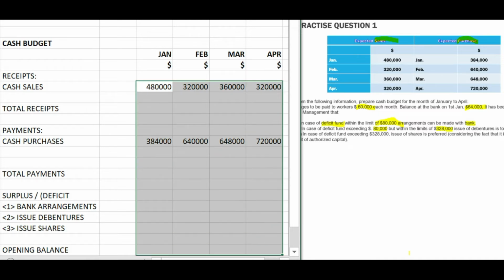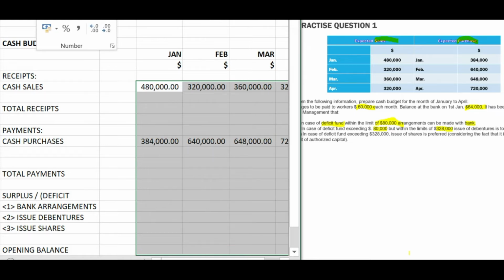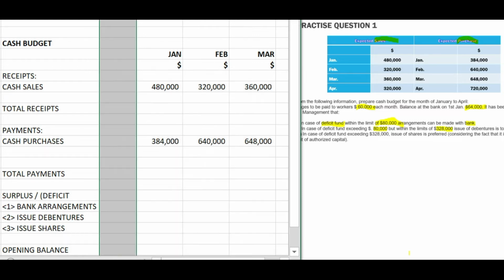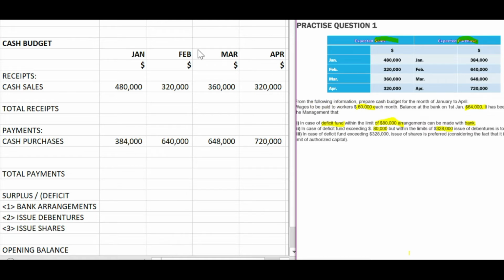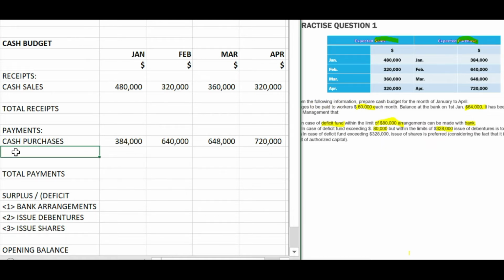Usually I am very concerned about the formatting of my numbers in Excel. Next, from the following information: wages to be paid is 60,000 each month. Wages paid to workers is a cash outflow, which is a payment.